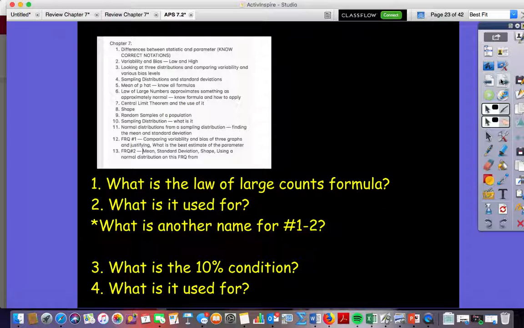Again, total up your points there. Well, this will be our last one. Yes, that is 10%. 10% condition. Large count.